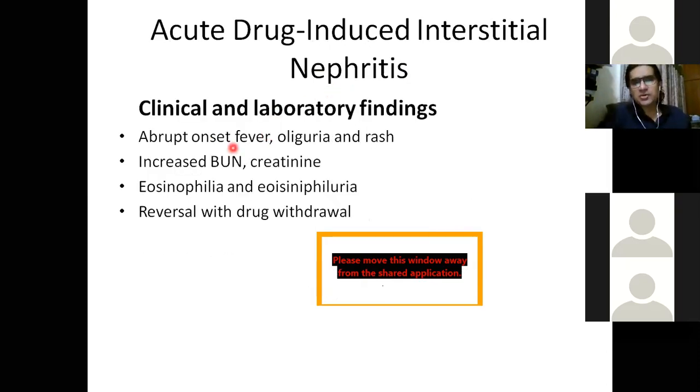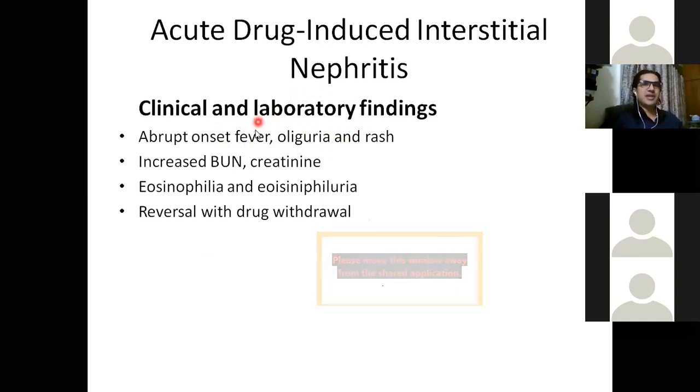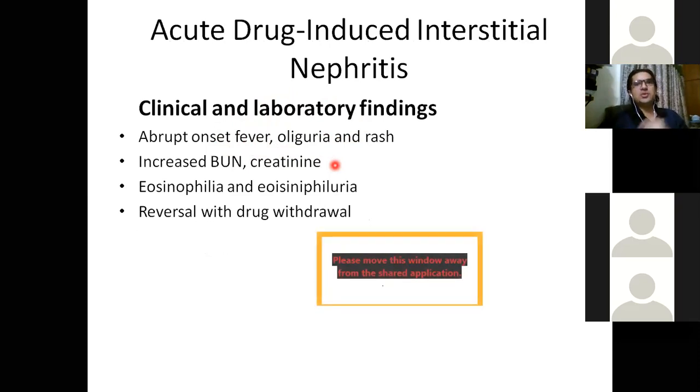The clinical scenario is very characteristic, and there is a classical triad of fever, oliguria, and rash, right? So the patient presents with fever, oliguria, and body rash, and along with that, the patient will also complain of decrease in the urine output. That is oliguria. So the classic triad of fever, oliguria, and rash, and you will do a blood CT, and obviously whenever there is oliguria, you are going to do BUN creatinine.